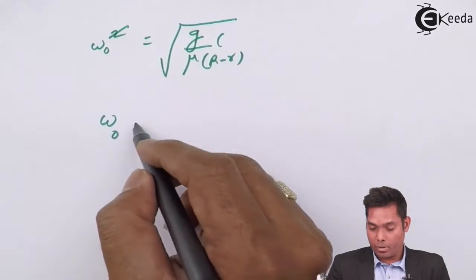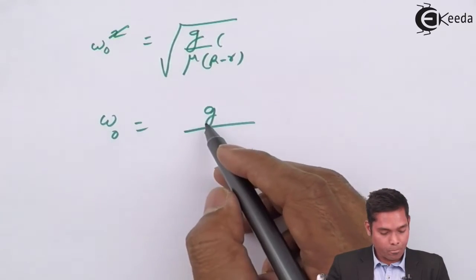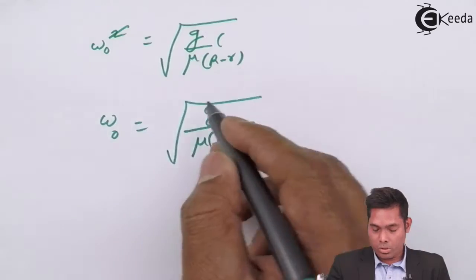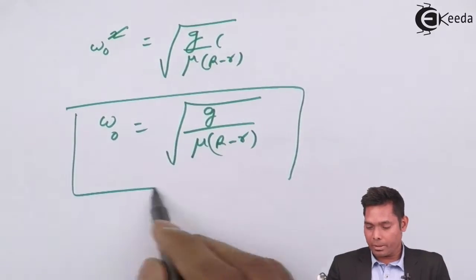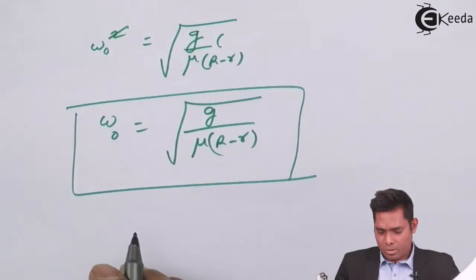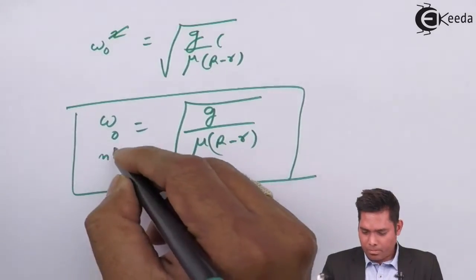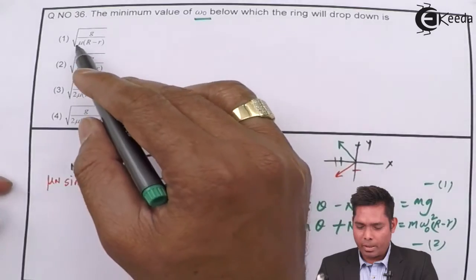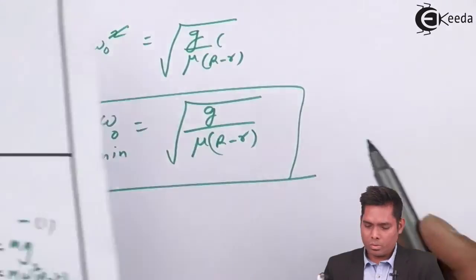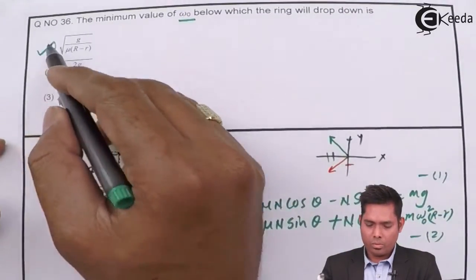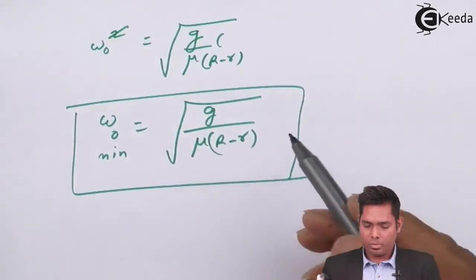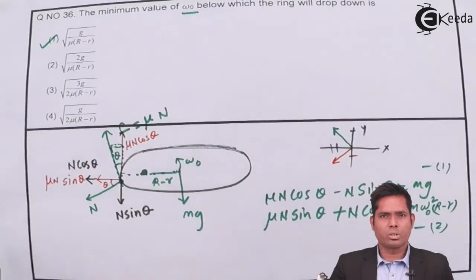So finally omega naught is the root of g divided by mu into (R minus r). This is the final omega I am getting. So this is the omega naught minimum. The minimum value of omega naught is root of g divided by mu into (R minus r). So this one is the correct answer to this question.